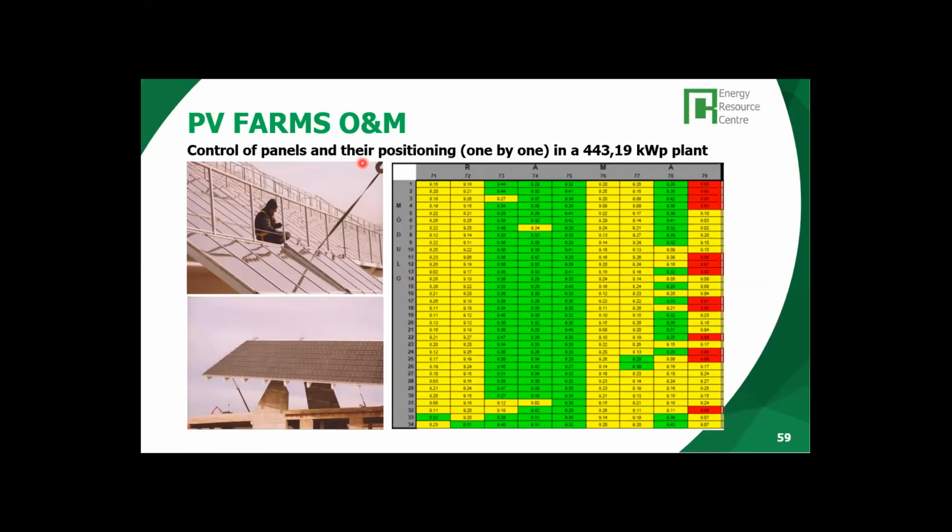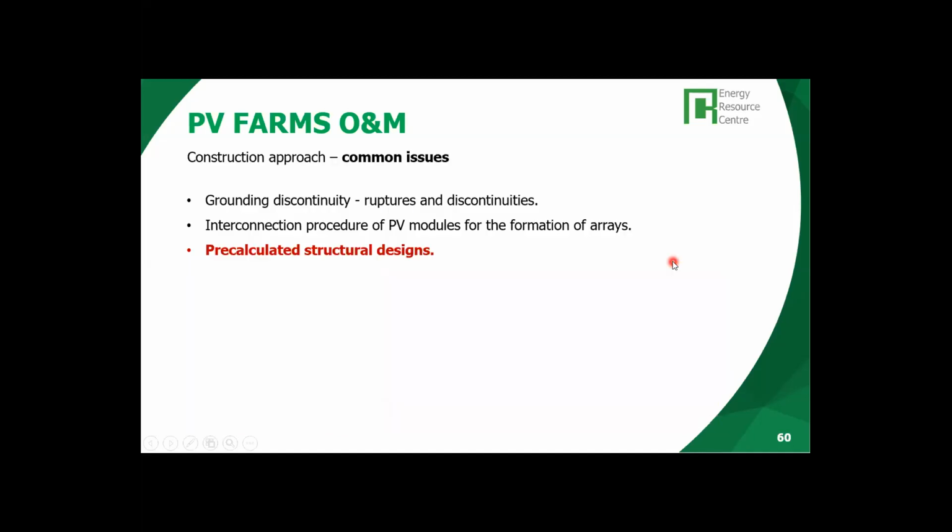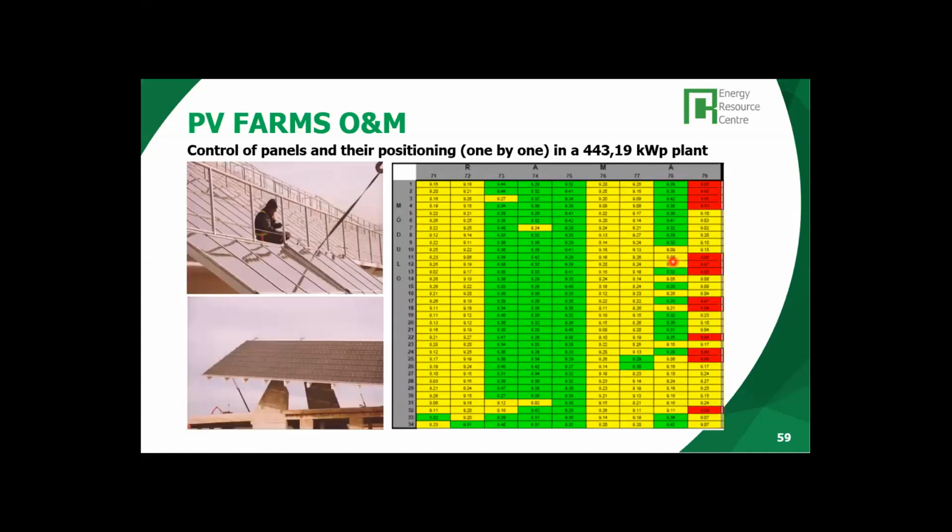The plant has three inverters of 125 kilowatts. The impact of the low power panels was reduced to a minimum in this case. Because if you pass to the next slide, Paul, the last slide of this part, the next, please.